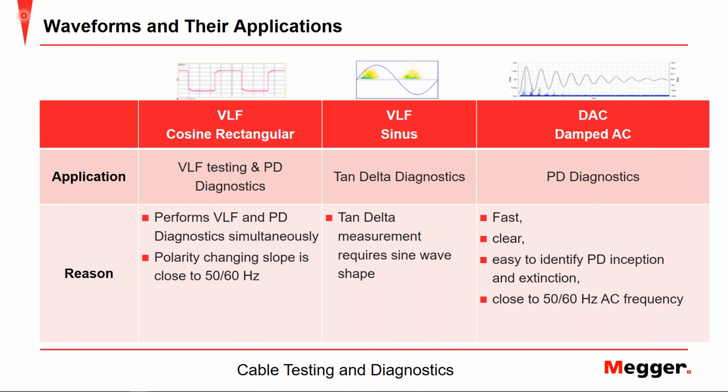It's also able to perform VLF testing and partial discharge diagnostics simultaneously by having that 0.1 hertz fundamental frequency and then having that polarity reversal that is close to the 50, 60 hertz power frequency.